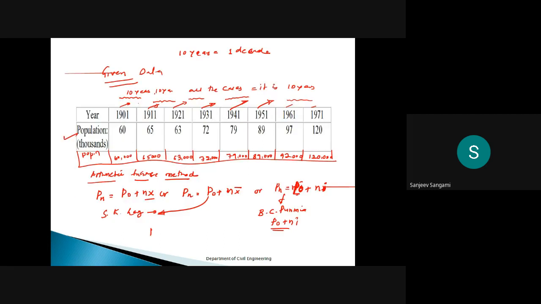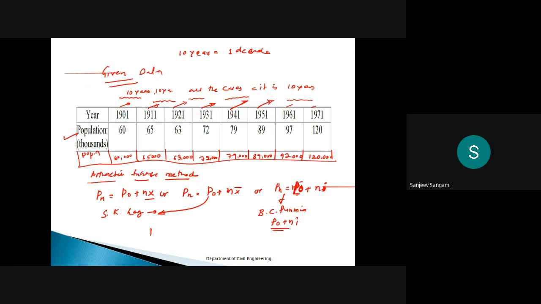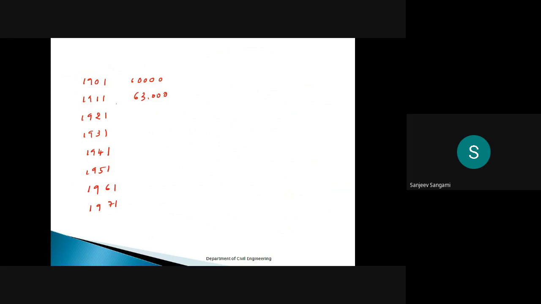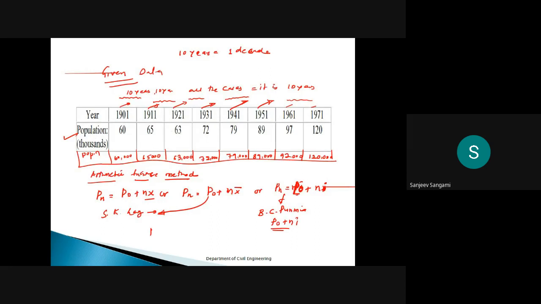Then the second one they have given 63,000. Then it will be 63, 72, 65. This one is 65. Then it will be 72,000. So 79,000, 89,000.